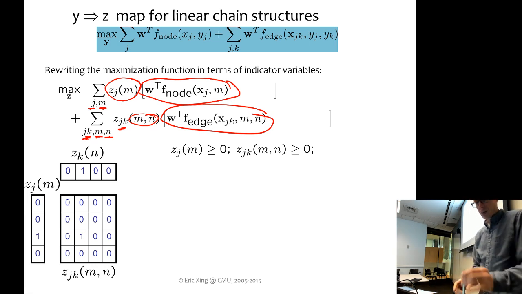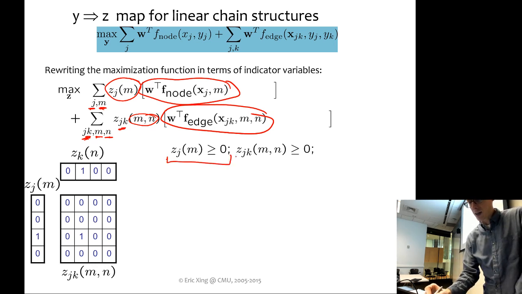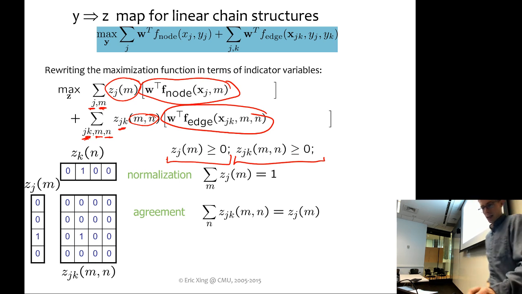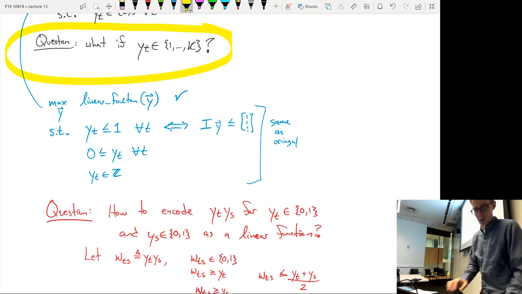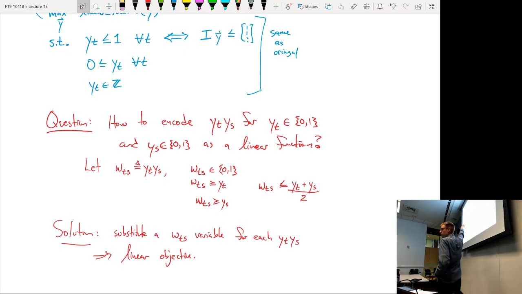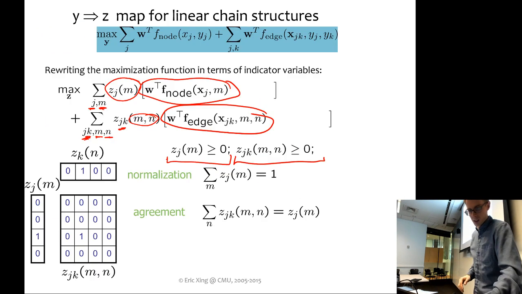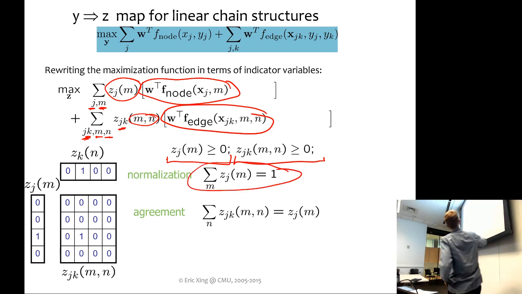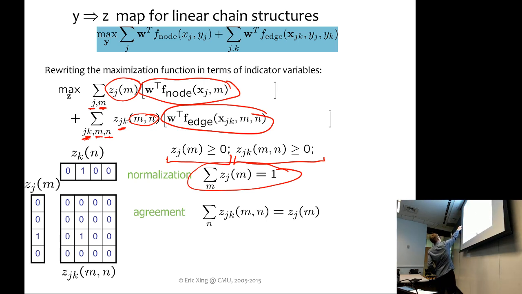And then lastly, we have constraints that the indicator variables are greater than or equal to 0 for these two cases. We also have an additional constraint that corresponds to what we were doing with the little W indicator variables, which is a normalization constraint: the sum of all of these little indicators for a particular j needs to be equal to 1.